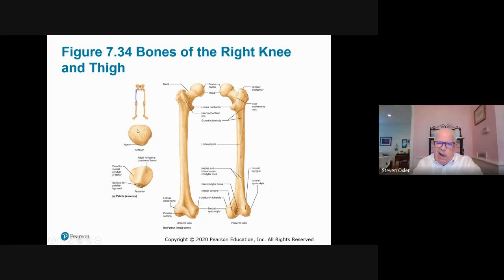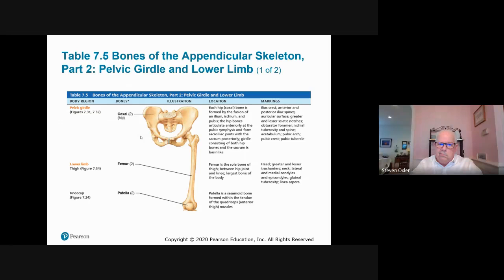Here is the patella. It is the largest sesamoid bone in the body, and it protects your kneecap. This shows you the hip joint. The head of the femur is in the acetabulum.